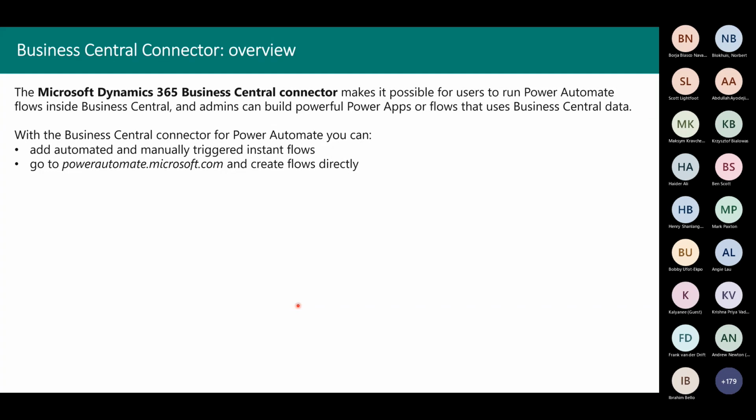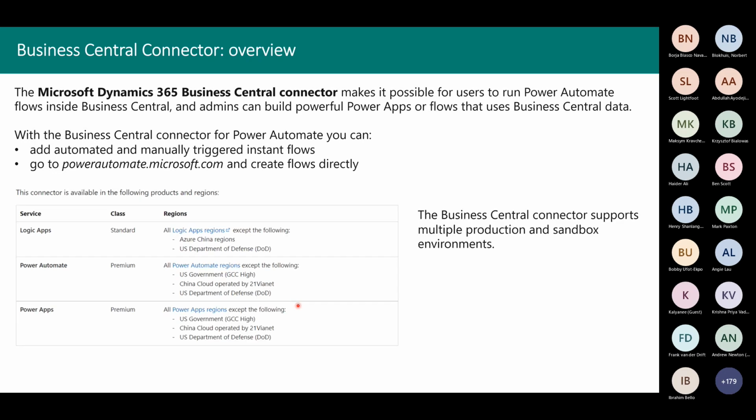So directly from Business Central, you can create a flow. This flow is created and saved into the Power Automate portal, and it's available immediately on the Business Central user interface. Otherwise, you can go to powerautomate.microsoft.com, create your flow there, and directly from Business Central you can see all your flows and use those flows inside Business Central. So you have both ways to work with the Power Automate connector.